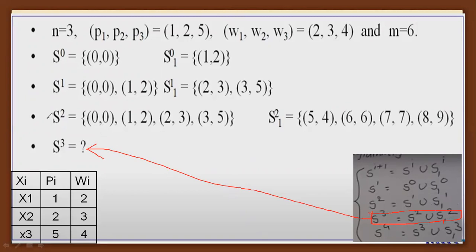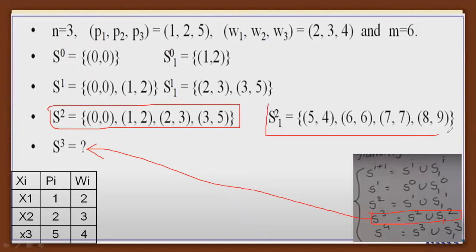So the S^2 value is there already, and the other one is S^2_1, whose values are also there. Simply apply union among these two, and finally you will get the value of S^3.